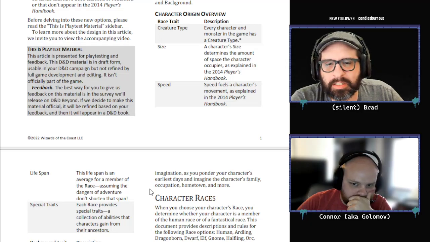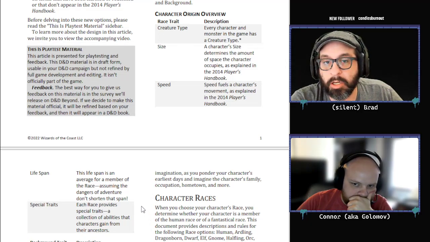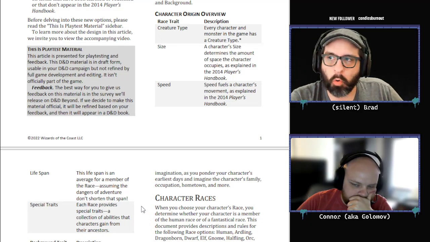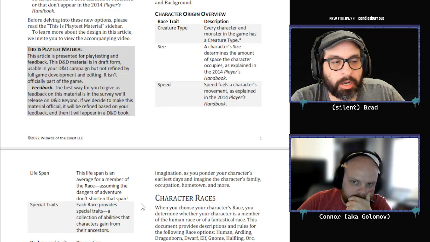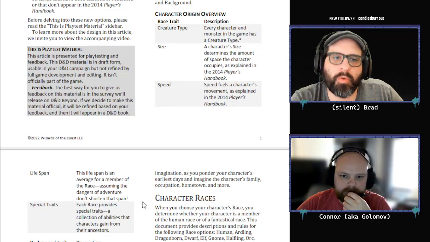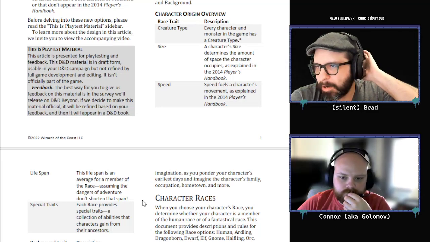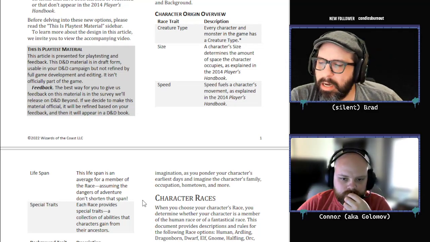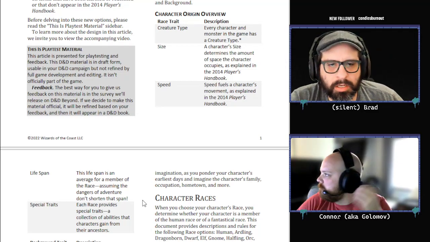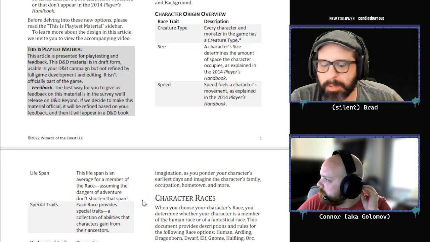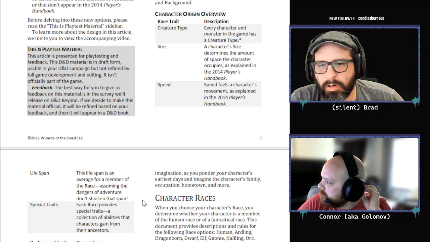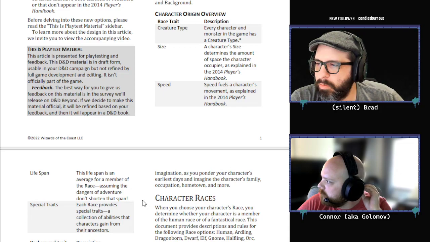Everyone's got a size. You'll see in this, there's a few that are like, you can be medium or small, instead of just you are medium or you are small. You get a speed. A couple of them actually lost the reduction to speed that they have in regular 5e.